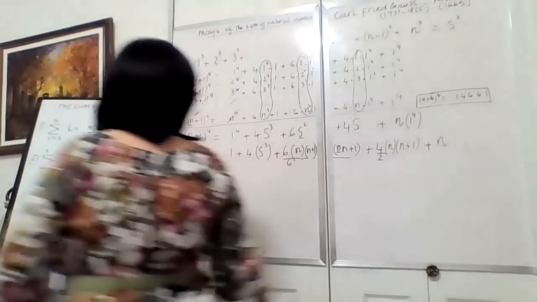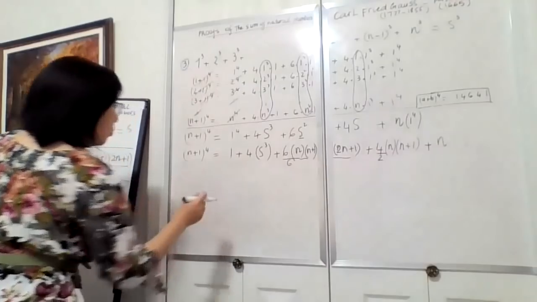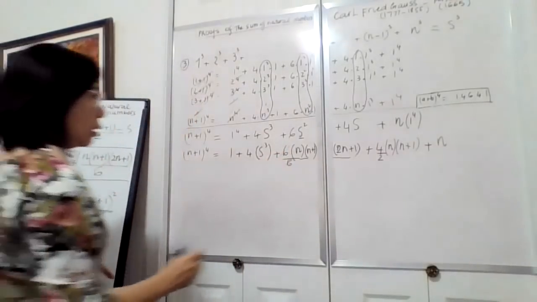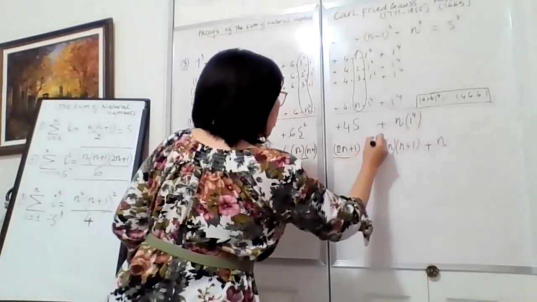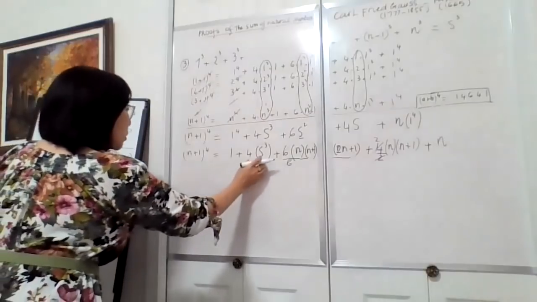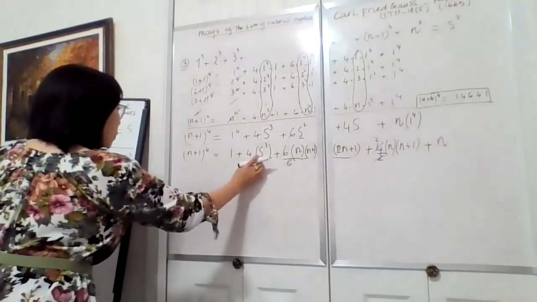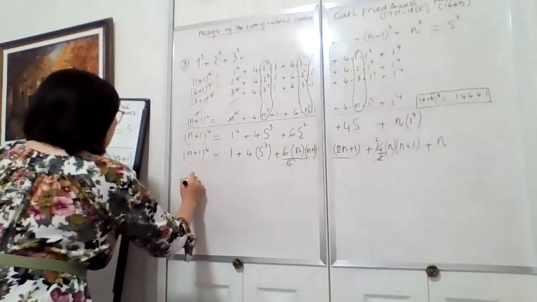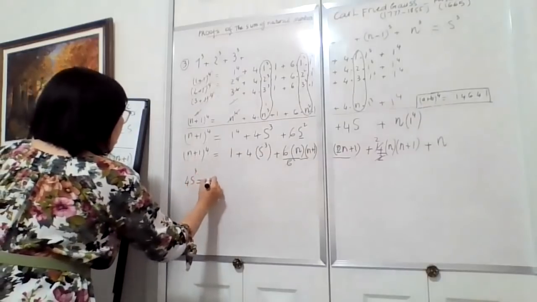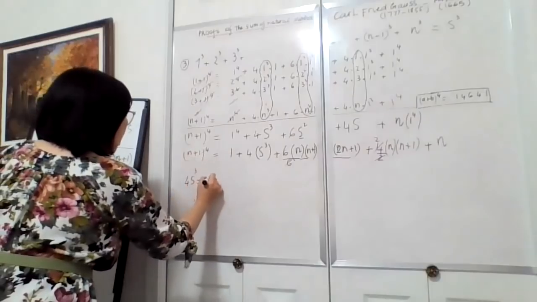Okay? So now I'm going to write it in a decent way. 6 divided by 6 is 1, gone. 4 divided by 2 is 2. So I'm going to bring this over, right? 4 S3, I'm going to bring it over. 4 S power 3 equals this, right?